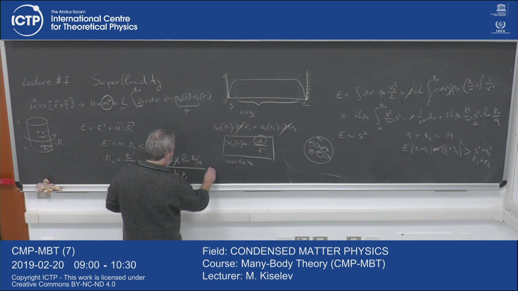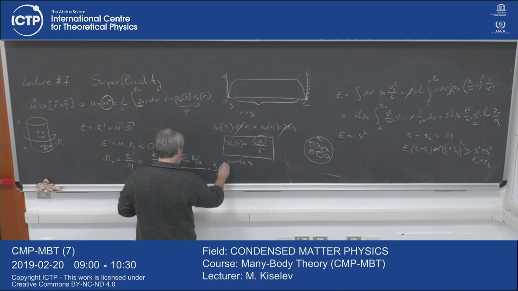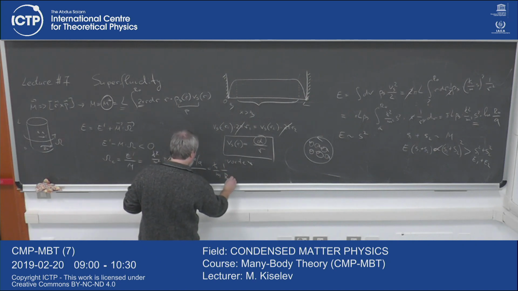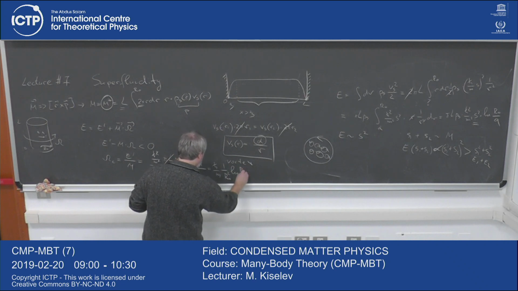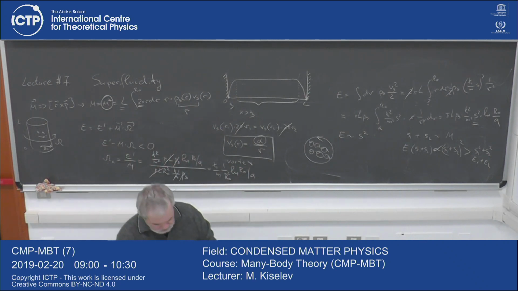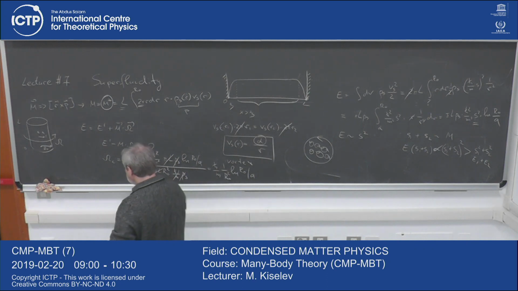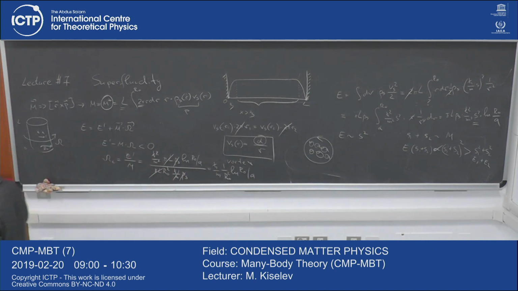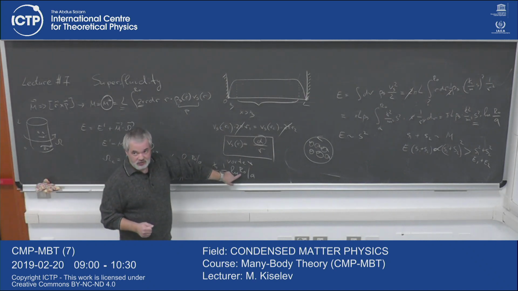So we obtain that the critical velocity is h square over m, 1 over r naught square, logarithm r naught over r. So this is the angular velocity one should use in order to create one vortex in the system. And you see that it depends logarithmically on the r.